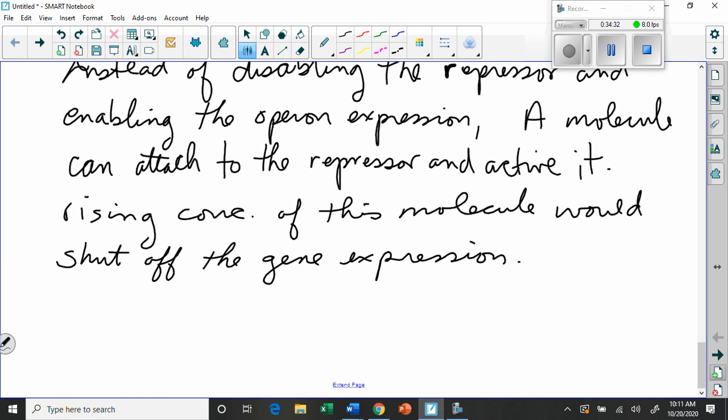A molecule can attach to the repressor and activate it. So the next sentence is, rising concentrations of this molecule would shut off the gene expression rather than turn it on. So it just works in the opposite way.